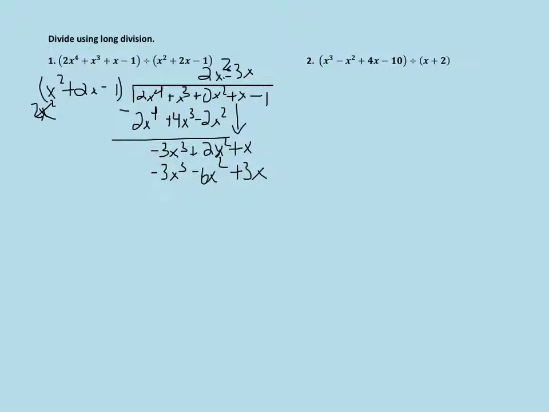Negative 3 minus negative 3 is 0. 2 minus negative 6 is 8. 1 minus 3 is negative 2x. Bring down the minus 1.